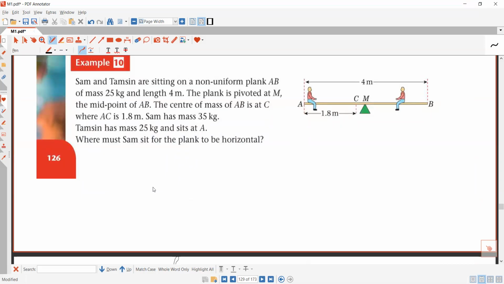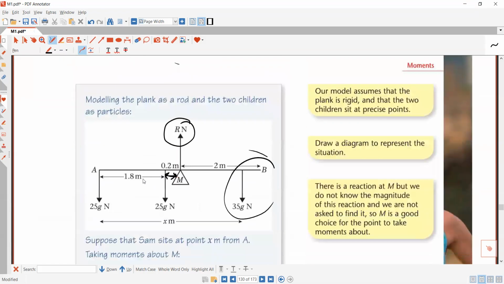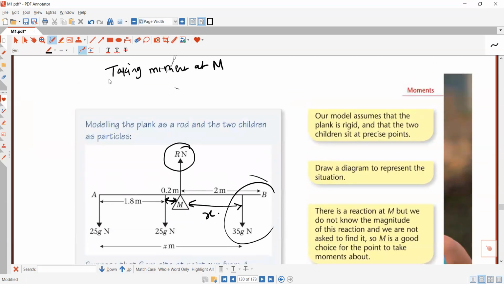What is the mass of Sam? 35. This is what I'm supposed to find. Let this be X. So clockwise, 35G into X, equals to, they both are anti-clockwise. So anti-clockwise is going to be 25G into 0.2 plus 25G into 2.